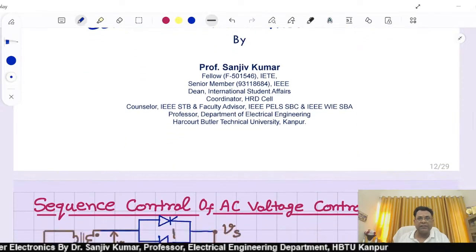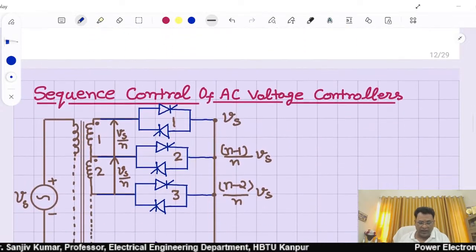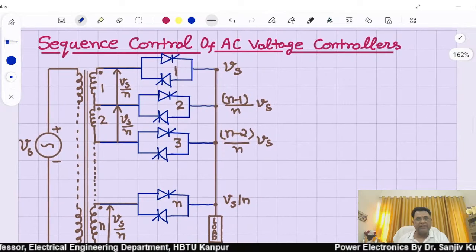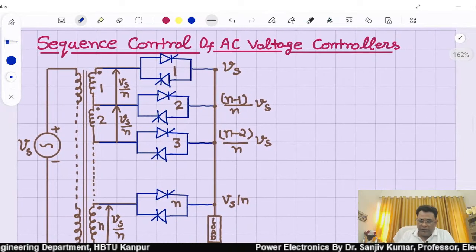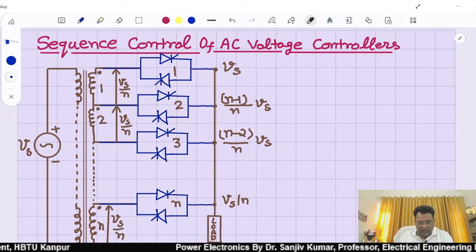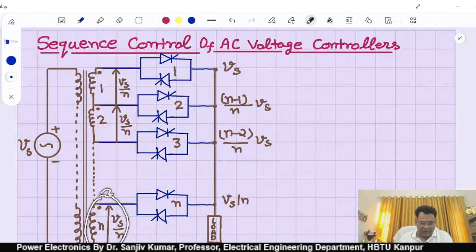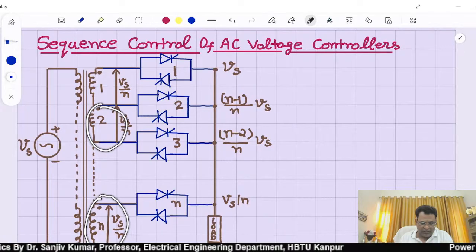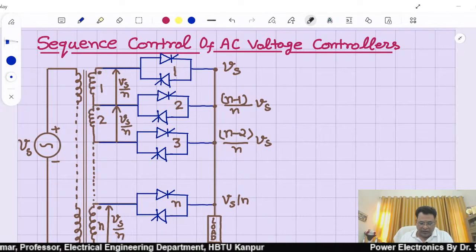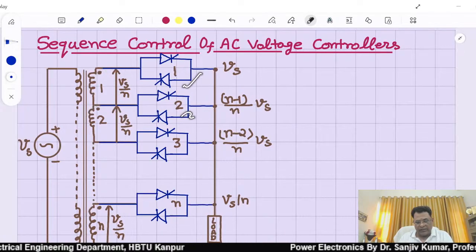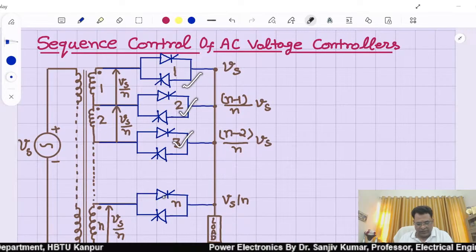Let us understand this with a diagram. It is something like this. You can see this is the N stage sequence AC voltage controller. You can see there are N single phase AC voltage controllers connected.